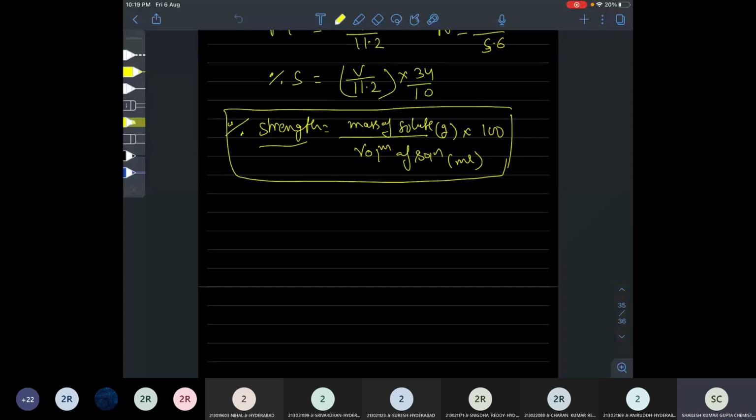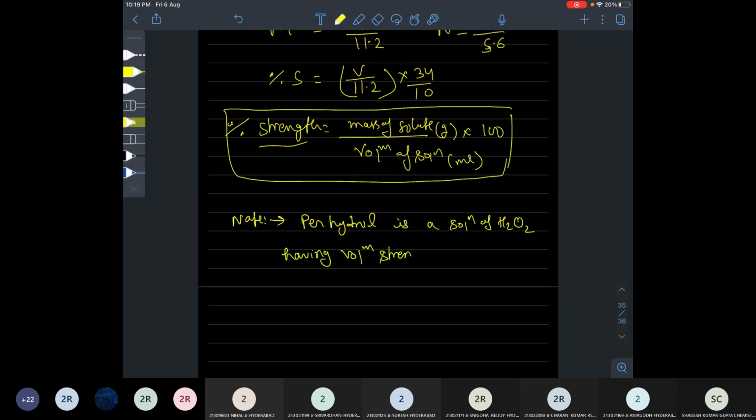Very, very important. Again, I don't think that these things are required, but because it is there: perhydrol is a solution of H2O2 having volume strength 100.